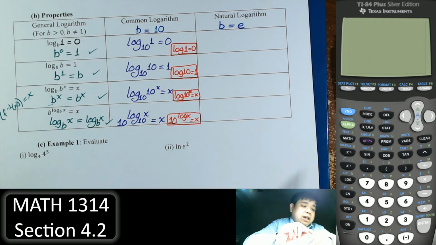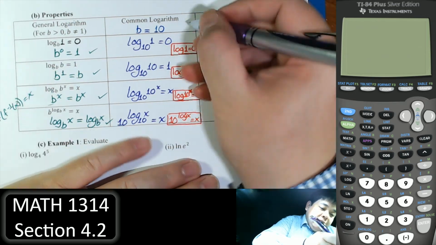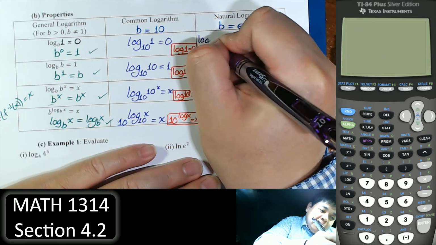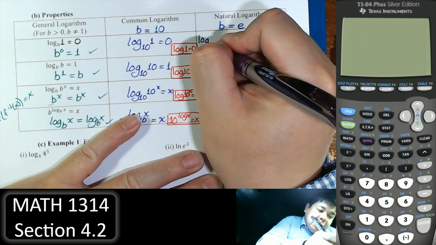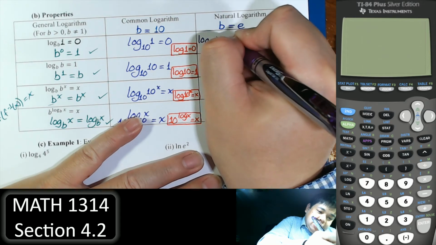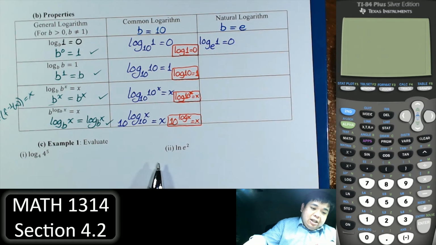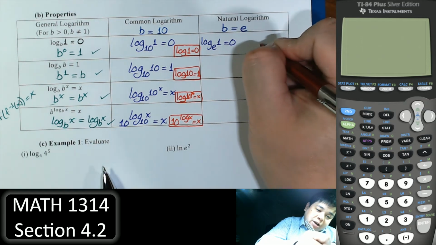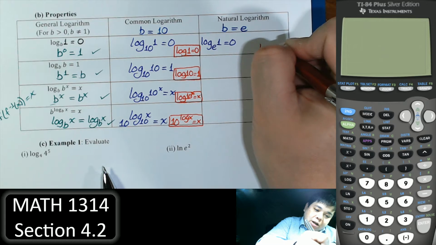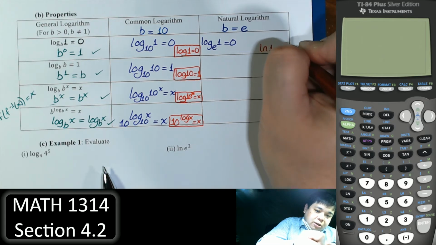Now the base is e. Just replace e into b. So log base e of 1 is equal to 0. And log base e is the ln. So I just write ln of 1 is equal to 0.